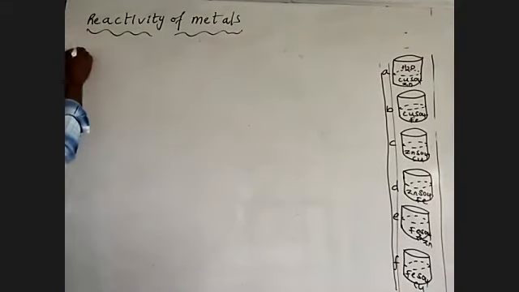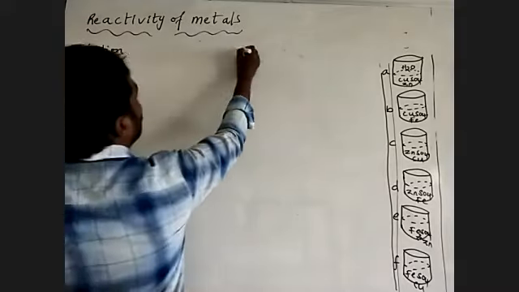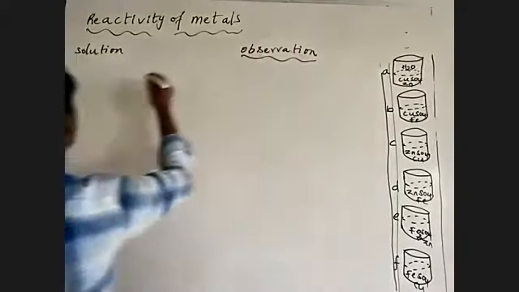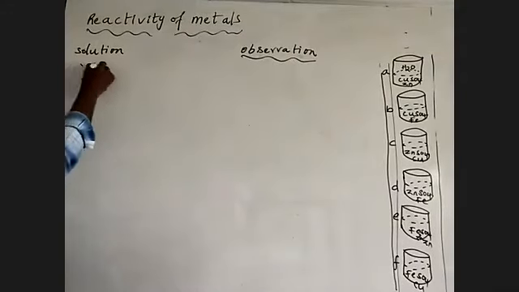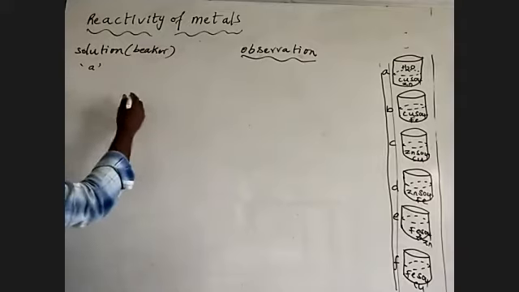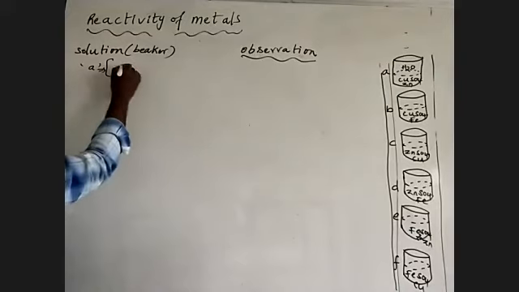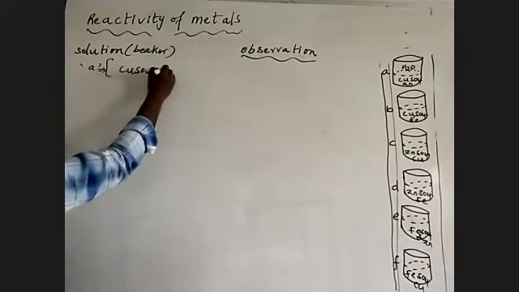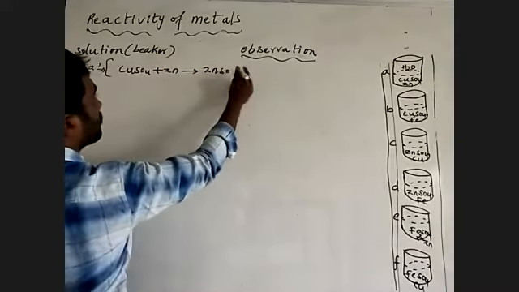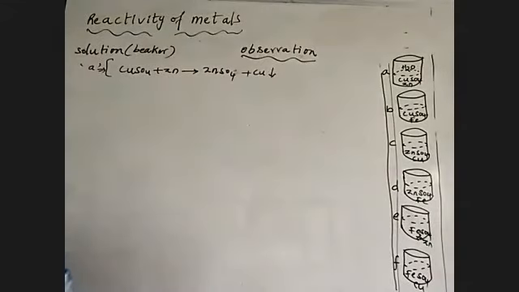So if we go by solution and observation, in beaker A, first copper sulfate reacts with zinc. It gives zinc sulfate and it releases the copper.